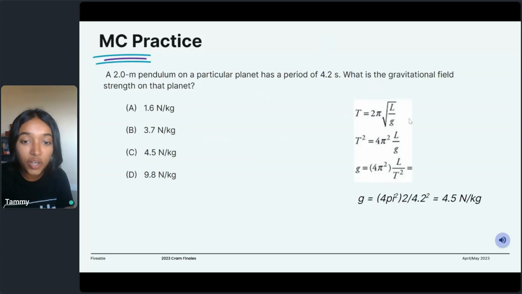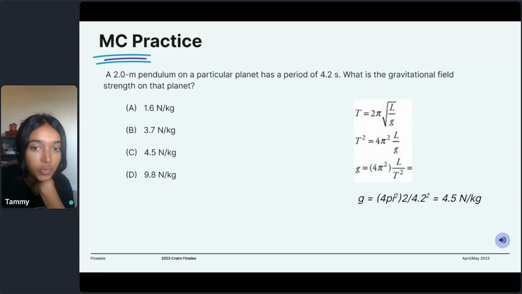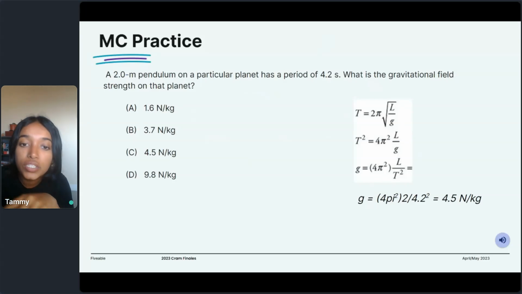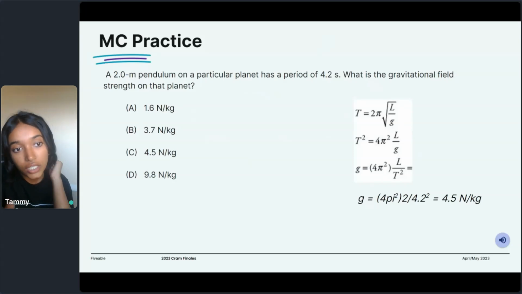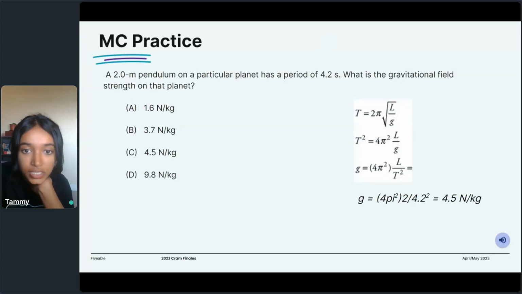So we know our pendulum period equation, and that is just 2 pi times the square root of the length of the pendulum divided by the gravitational field. Now what we're trying to do is basically isolate G. While we do that, we remember we need to square everything to get G out of that square root.